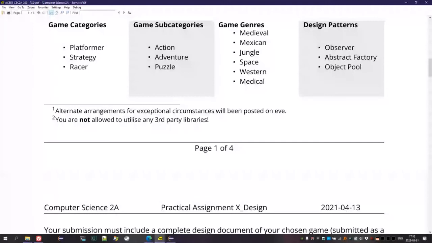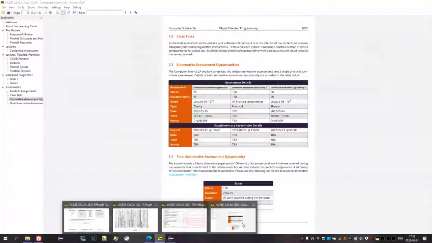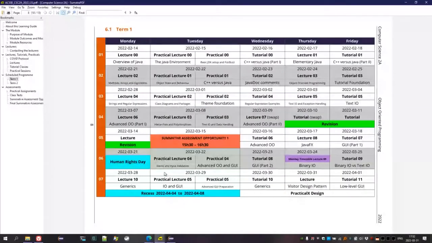Okay, so other things we need to talk about is semester test 1 or summative assessment opportunity 1. The papers have been moderated. I still need to update the marks on Eve, but the papers have been moderated. And because of timing situations, you probably won't get access to your physical copies until next term.